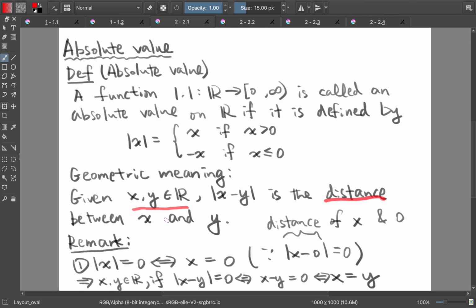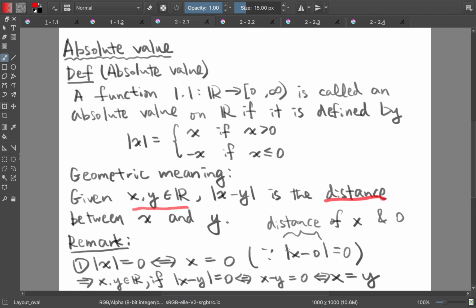So, using this geometrical meaning, we can introduce some properties of absolute value. The first property is that the absolute value of x being equal to 0 is equivalent to saying that x is equal to 0. Well, you may wonder why.